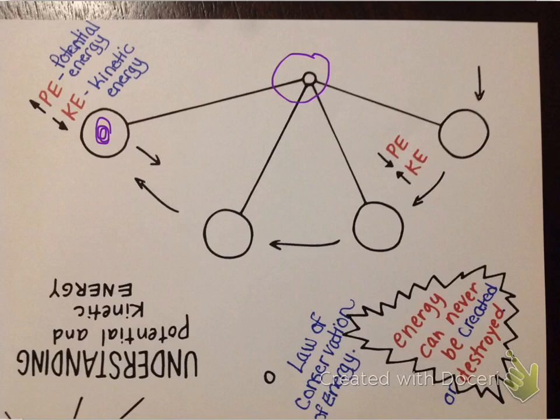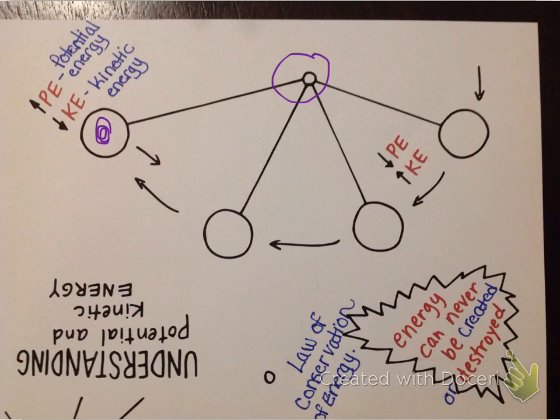It's very important that you follow the arrows in these diagrams. As you see the ball swinging down, you're going to notice that as it goes from being up high to down lower, the potential energy and the kinetic energy swap places.